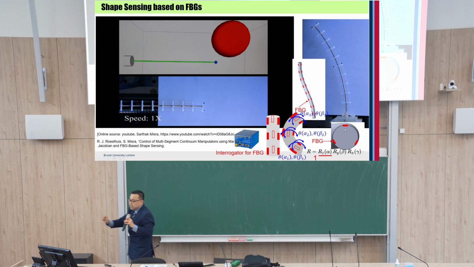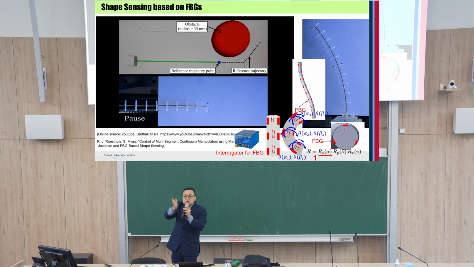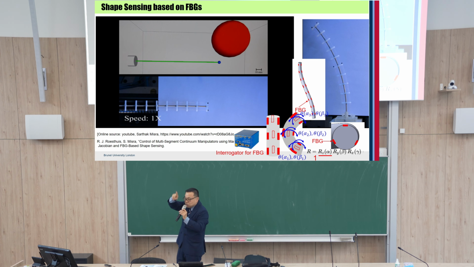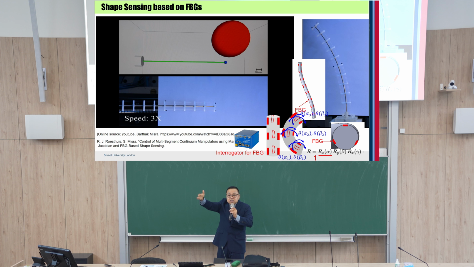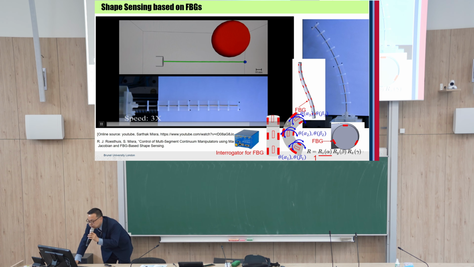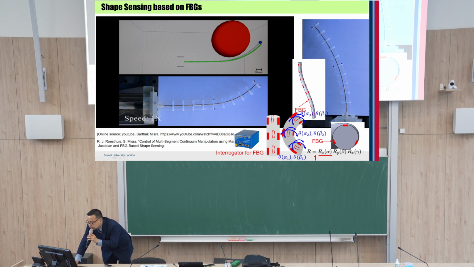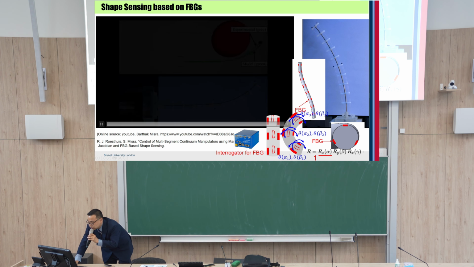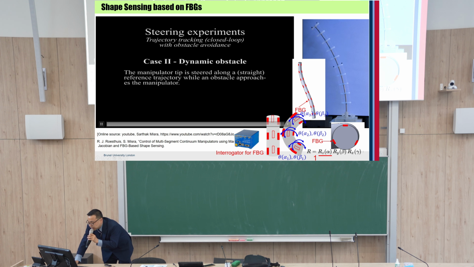Then each FBG measures the longitudinal, one-direction deformation. For example, when this elastic core bends, in this case you can see here the FBG is contracted. This is the initial, and this one expands.